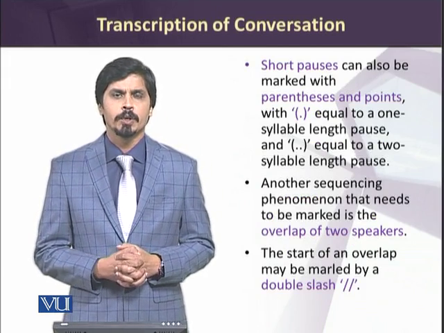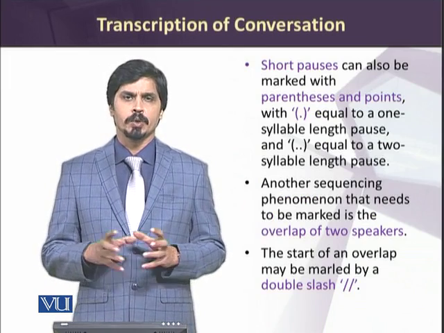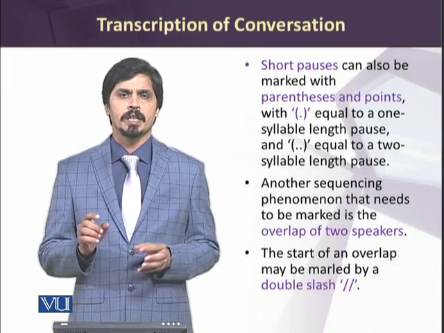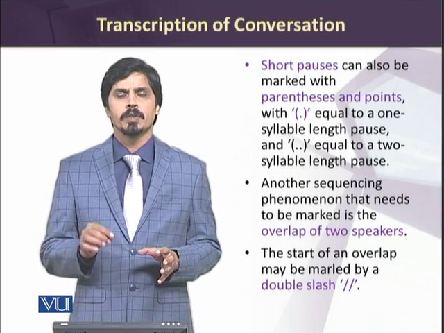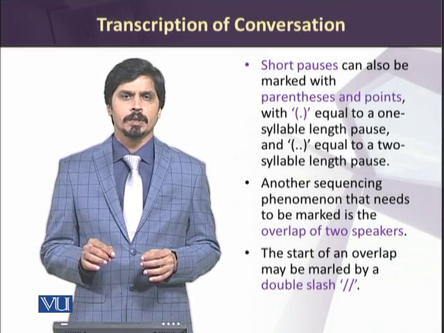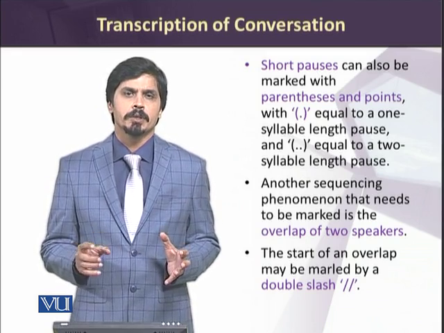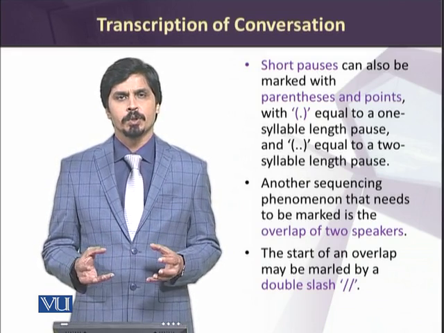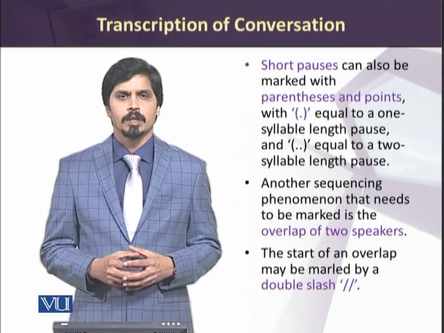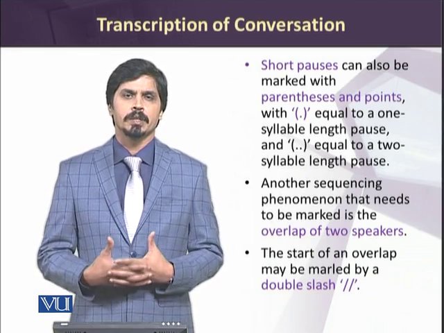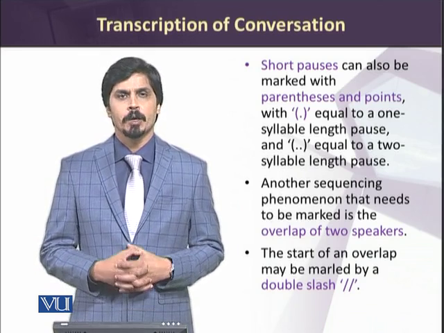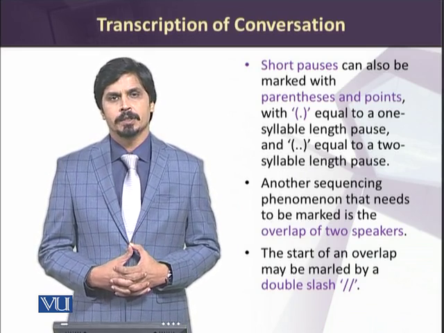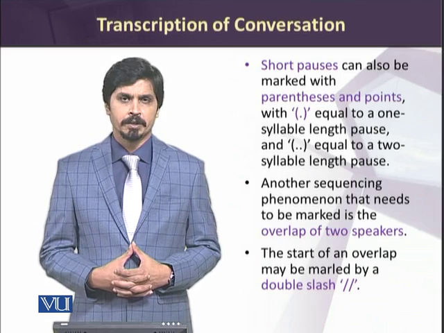When we have short pauses, they might be indicated with some kind of parentheses and dots in between them. For example, when there is a one syllable pause, it may be shown with one dot within the parentheses. When there is a two syllable pause, it may be shown as two dots in parentheses.